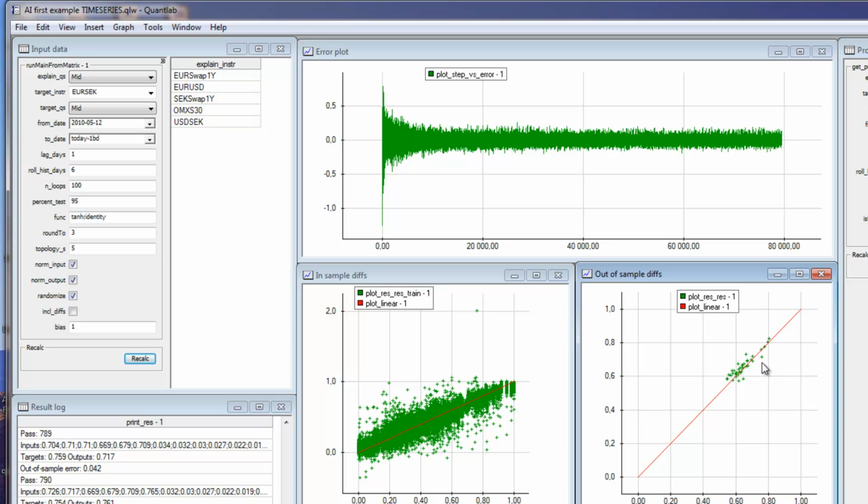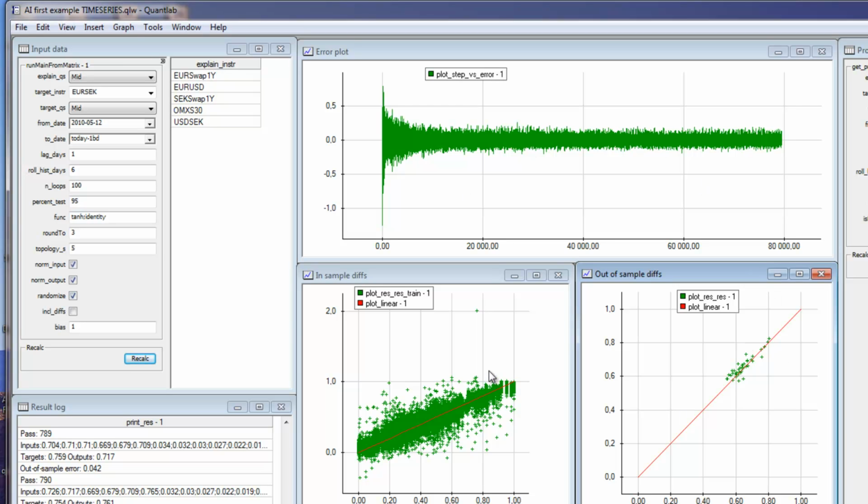So let us assume that we have trained the network using 100 loops in random order with normalized data, using the tanh transfer function with a topology of 5 hidden neurons.